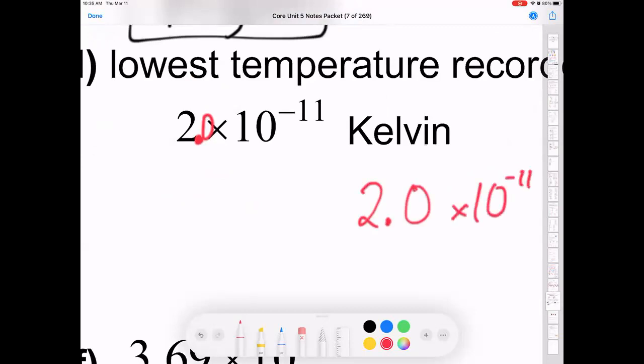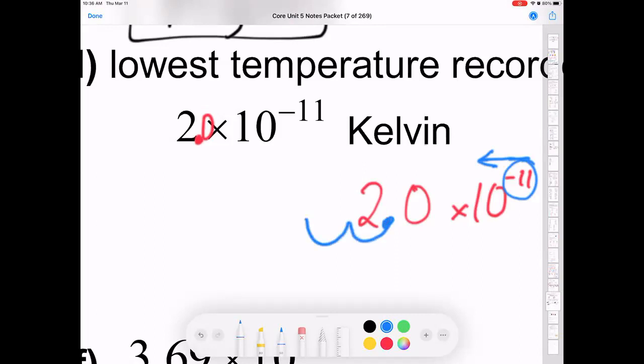Now, because it says to the negative 11th, we know that we're going to be moving that thing in the left direction 11 spaces. So we're going to take our decimal and go 11 in this direction.